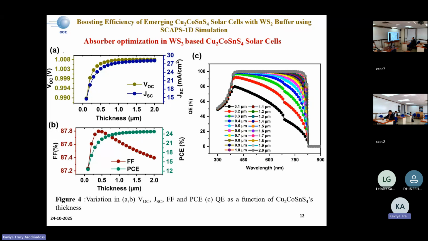It could also be visible in the QE percentage, where the QE, that is the light absorption, significantly increases up to around 800 nanometer. After that, it saturates. So considering the material usage and the preparation process, we have chosen around 900 nanometer for this absorber as the optimized thickness.